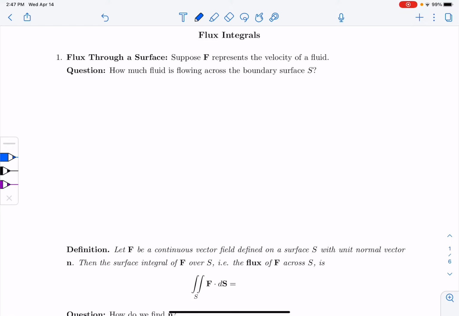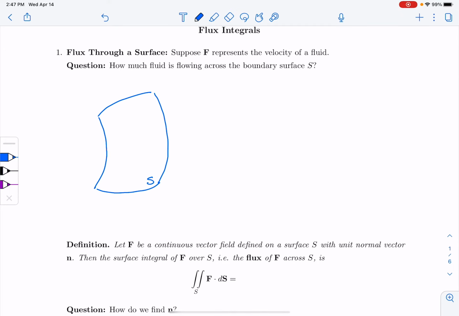So I'm going to draw a surface, and I'm going to label this surface S. And then I'm going to draw a vector field F that represents the velocity of a fluid. So these arrows represent the velocity of some fluid that is flowing.